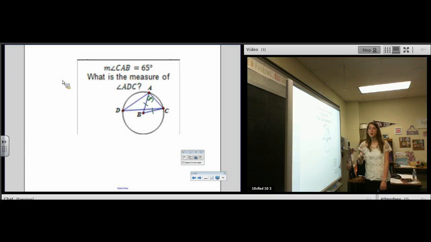This is an isosceles triangle because radii are always congruent. If that's isosceles, then the base angles are congruent. And then what do we have? 130. So that angle's 50. Central angles equal their arc. So 50, 50. And then very last step, an inscribed angle is always half of its arc. 50 divided by 2, and that gets you 25.